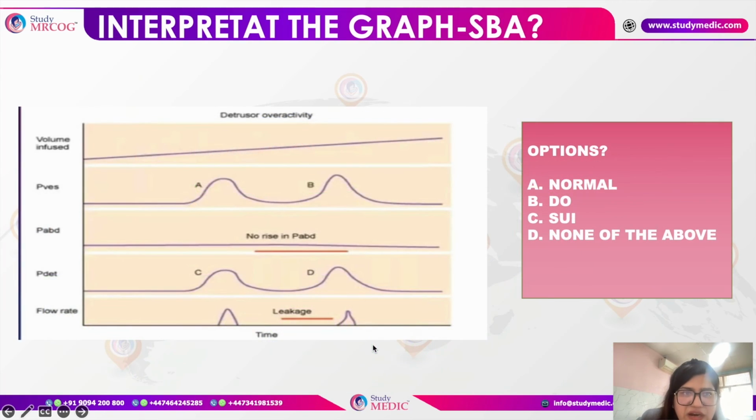Then the next graph, in this again there is increase in the P vesical pressure and unprovoked increase in P detrusor pressure, and there is leakage as well, as the detrusor pressure is rising and there is no rise in the abdominal pressure. So this again is detrusor overactivity with leak.